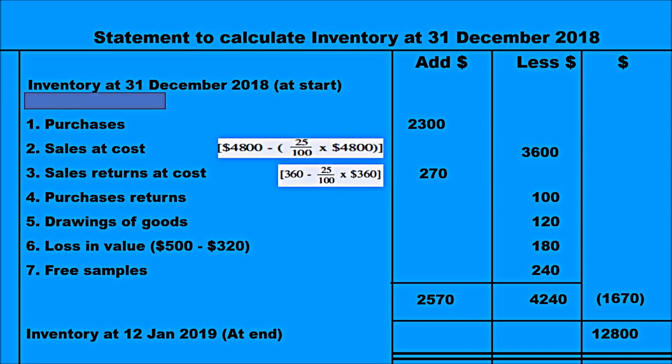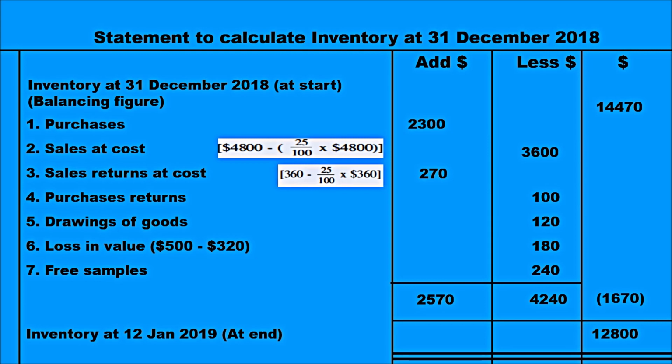Hence, moving upwards, we get opening inventory at 31st December 2018, 14,470. Since this is the last figure that we calculated, it will be termed the balancing figure.